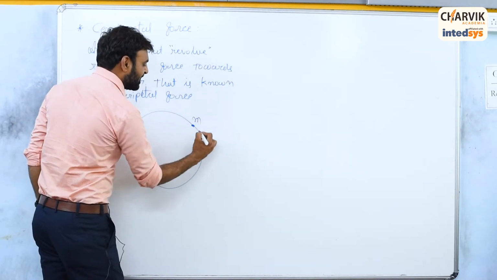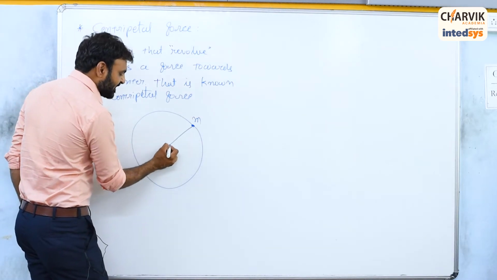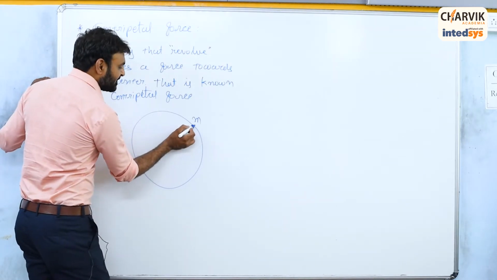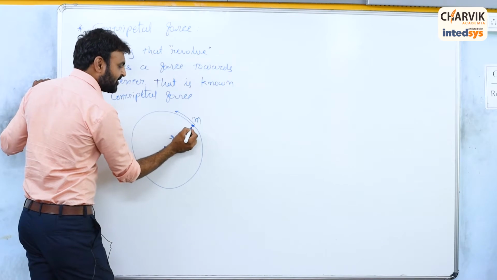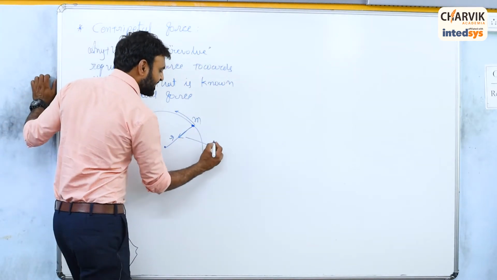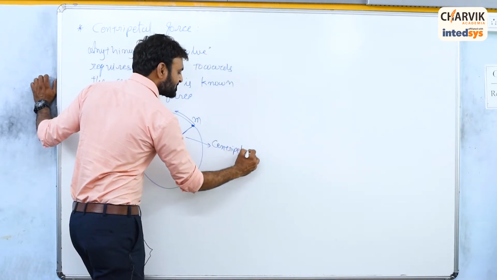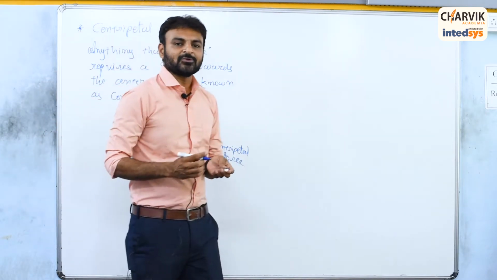This is the particle of mass m, this is the center, and this is the radius r. As it revolves over the circumference, it experiences a force towards the center. That force is known as centripetal force.